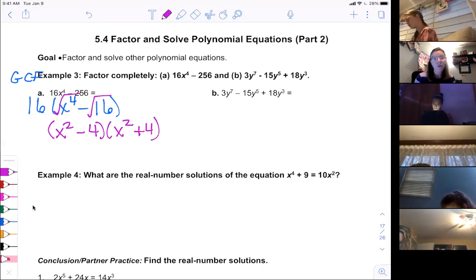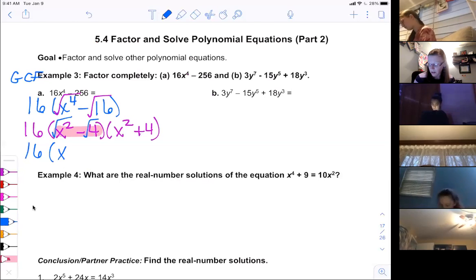So x to the fourth is x squared times x squared. Considering all the other problems that we looked at, whenever you have an x squared and a minus, I can continue to factor it. So we have the 16 as the GCF. I can take the square root and get x minus 2 and x plus 2.